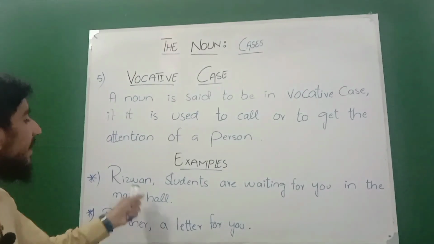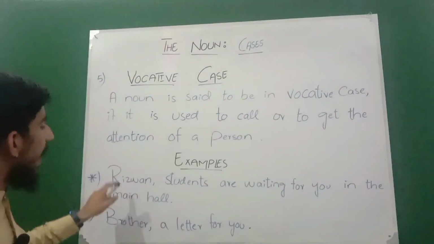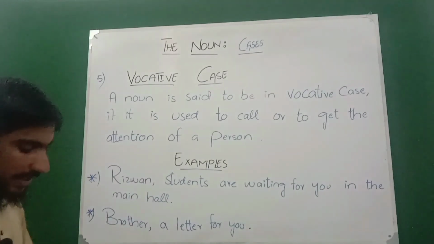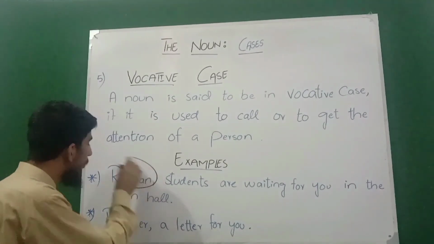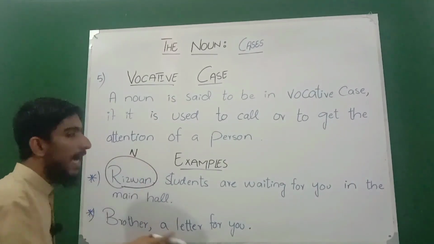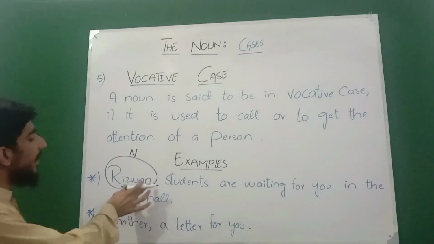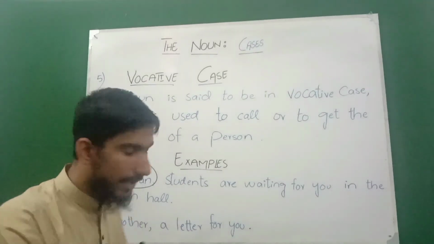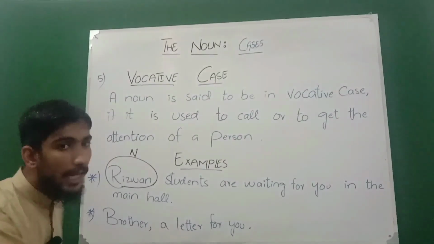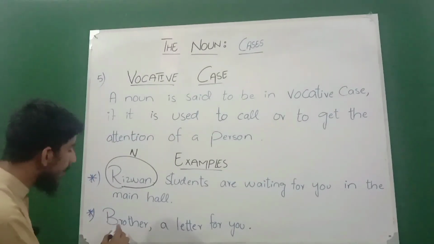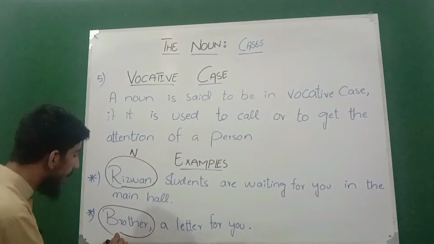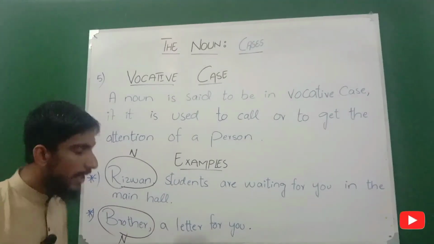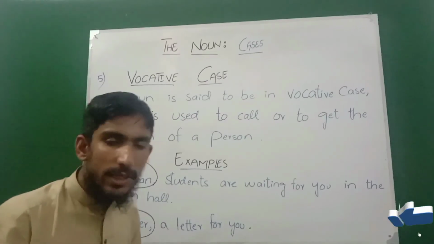Remember that in this example, the person being called or given attention is Rizwan. So Rizwan is a noun and a call or attention is given in this sentence to Rizwan. So Rizwan here is in the vocative case. Again, brother, a letter for you. A call or attention here is given to a brother, and brother is a noun, and brother is also in the vocative case.